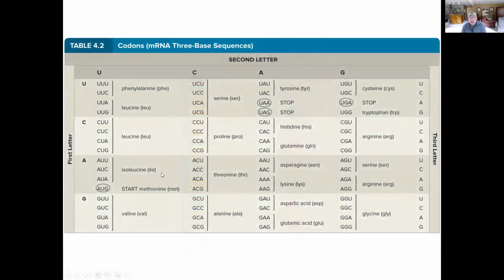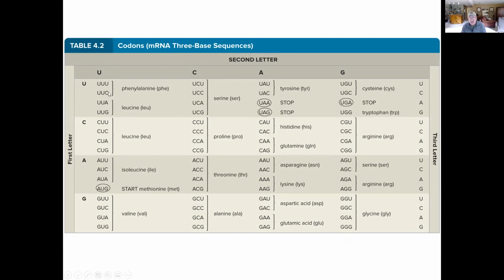In fact, here we're looking at a table that you can find in your book, there on page 143. What we have here are all the possible codons that could be created in messenger RNA. There are 64 possible ways you could arrange 4 different bases in triplets. 4 to the 3rd power is how it's calculated, and 4 to the 3rd power is 64.